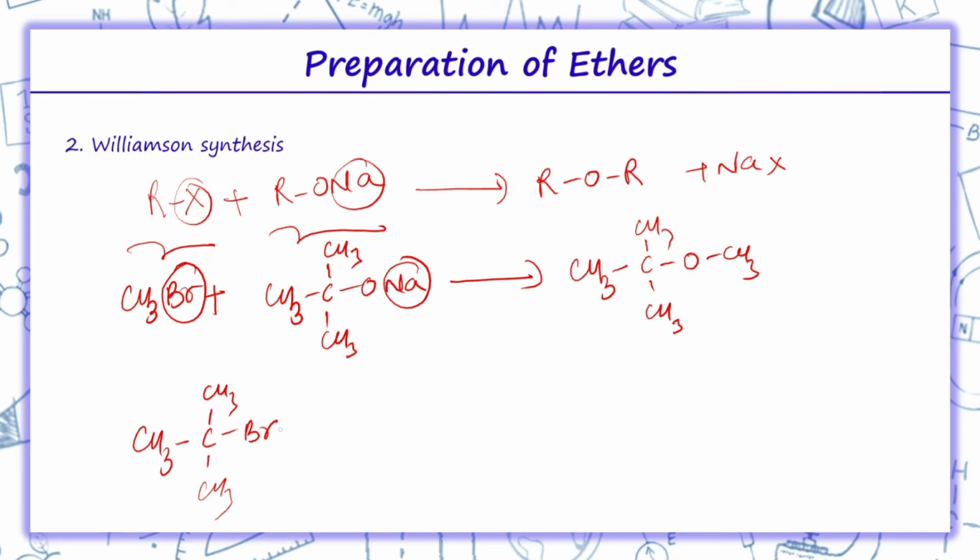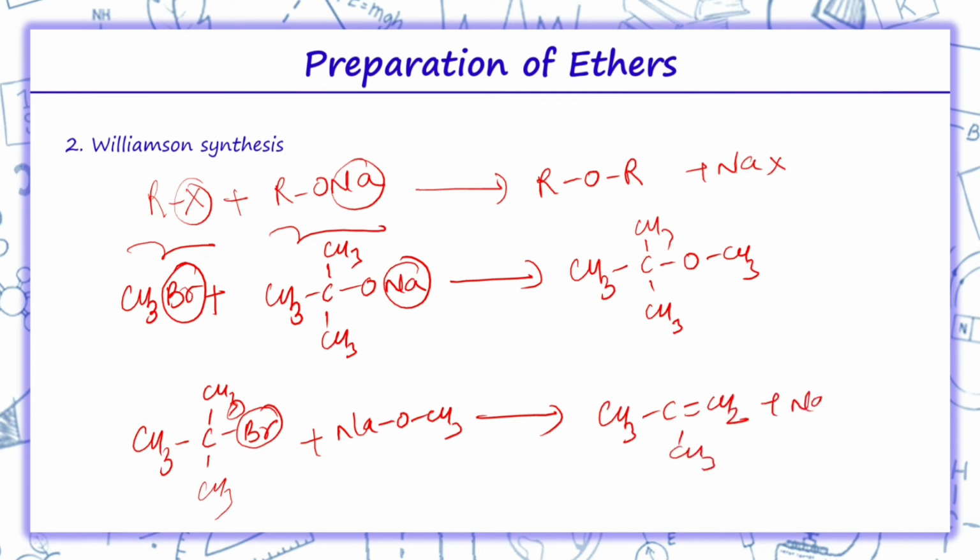Thus the elimination reaction takes place and we get alkene. So when tertiary alkyl halide is taken, the main product formed is alkene plus NaBr plus CH3OH. So H goes with this and NaBr forms as a byproduct.